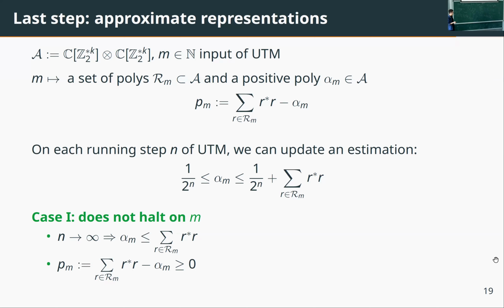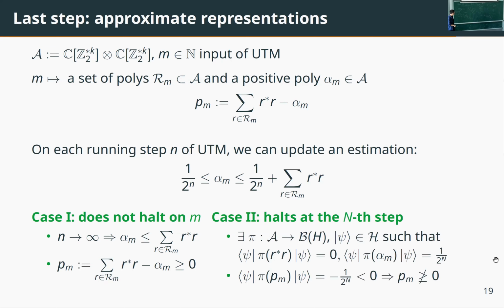On the other hand, suppose this Turing machine on the input M halts at the nth step. Then we can construct a representation pi and a state psi such that the expectation of pi of r star r on psi is all zeros, but this upper bound can be achieved using this representation and state.